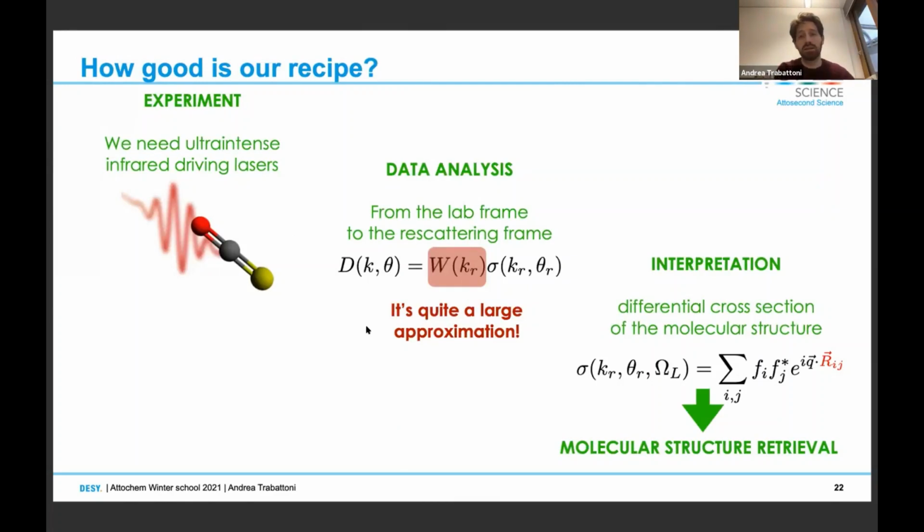As I told you, the seminal concept of quantitative rescattering theory is that the returning electron wave packet onto the molecular ion before rescattering can be assumed to be a plane wave. But this is quite a large approximation, and in recent years it is becoming clear that in many cases we have a breakdown of this approximation.